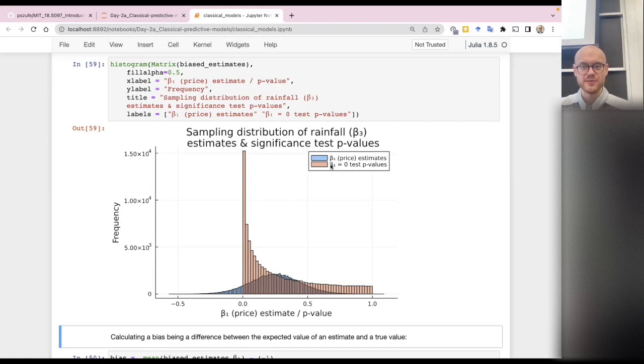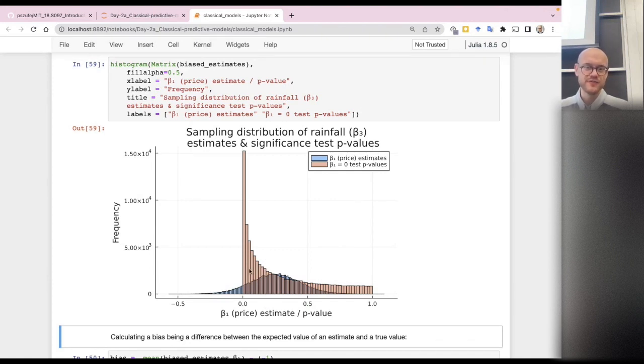And also we see here these p-values for the statistical significance. So maybe we would say, okay, if it provides such wrong biased estimates, at least it would be great to have those results not significant. But we see that in most cases they are not statistically significant, because most p-values are probably above 10%.